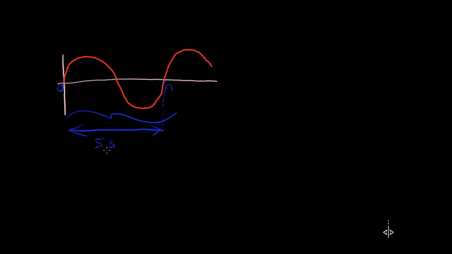That means in 5 seconds it has made one oscillation, right? And what was frequency? It was the number of complete oscillations per second. So the frequency here will be equal to 1 by 5 Hertz. This is the SI unit.